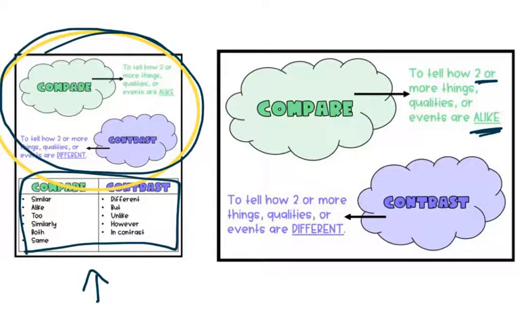Contrast is to tell how two or more things, qualities, or events are different. We've done this before, we're just doing it without keywords. Just like with our pig and cow, we are going to use our prior knowledge to compare and contrast our two texts.